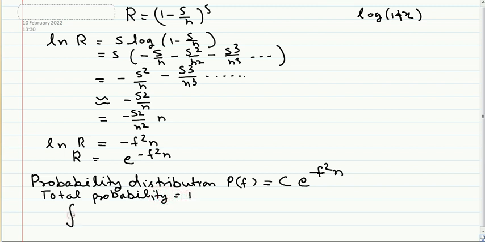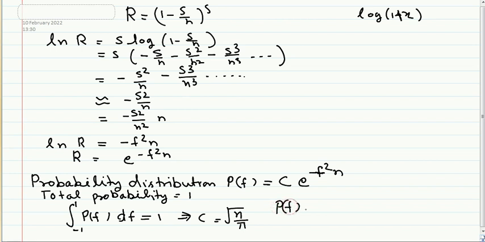So if we integrate the Pf within the limit -1 to +1 df, how much fluctuation can there be? -1 to 1, meaning complete fluctuation, and that should be equal to 1. And when you integrate this, you will get c is equal to √(n/pi). So what is the value of Pf?